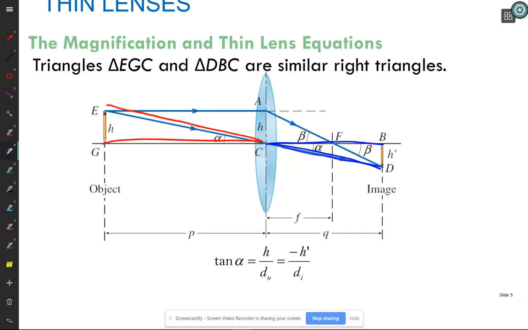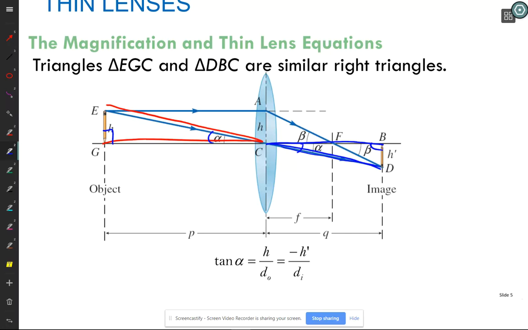Why are they similar? This angle's the same. This angle's the same. And if any two angles are the same, you know what the third one is? The same. So this is your angle, angle, angle triangle. Angle, angle, angle triangles don't have to be identical, but they have to be similar.